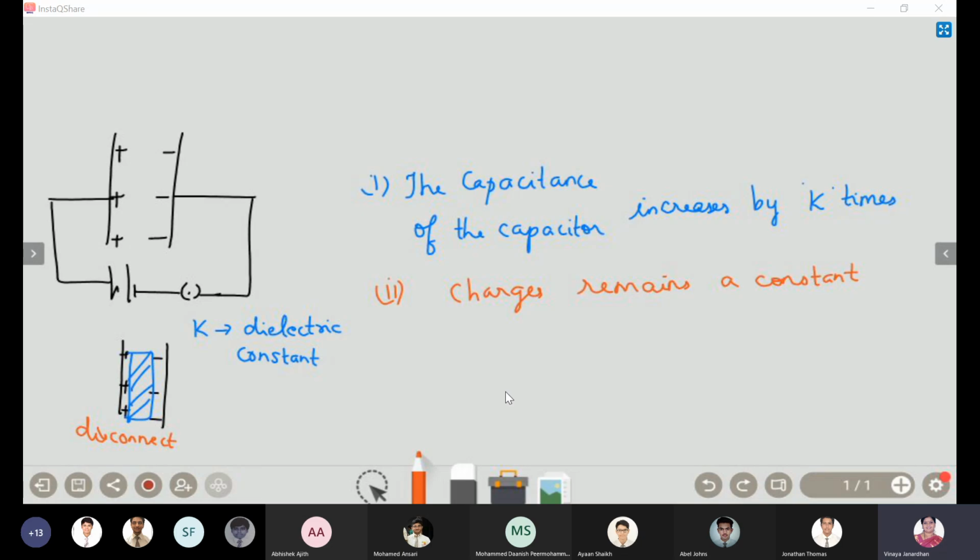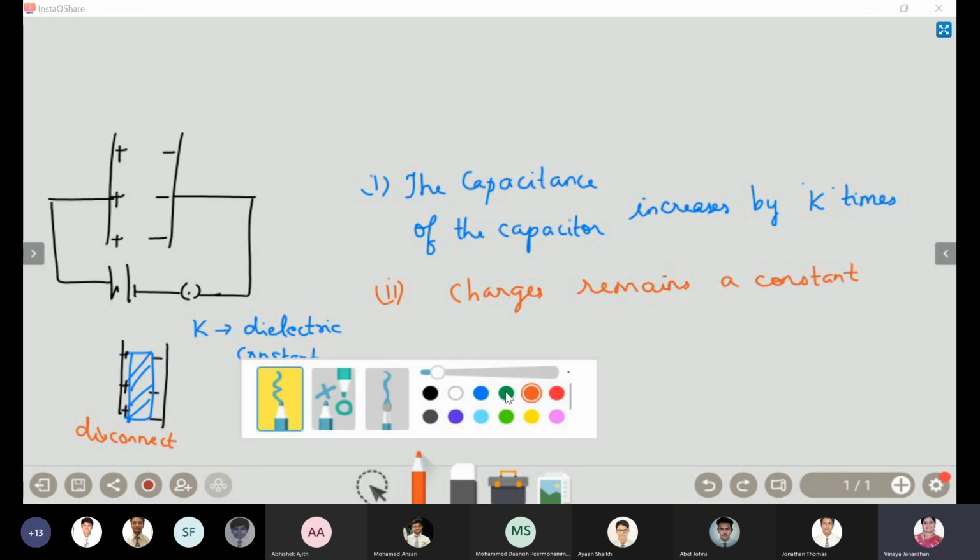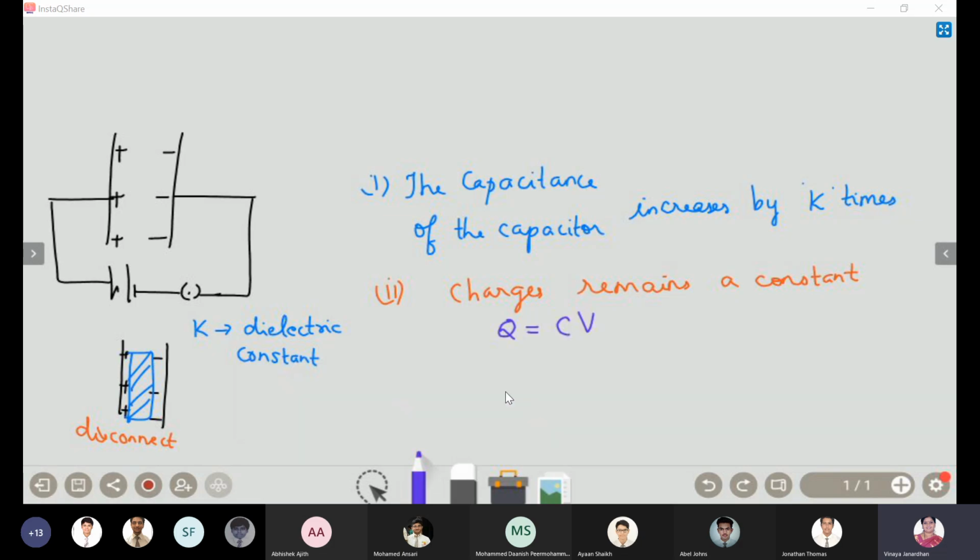If charge remains a constant, what happens to the potential difference? What is the relation between charge, capacitance, and the potential difference across the capacitor? Q is equal to C times V. Now, V is equal to Q by C. Q is a constant because whatever charges are being stored remain a constant.